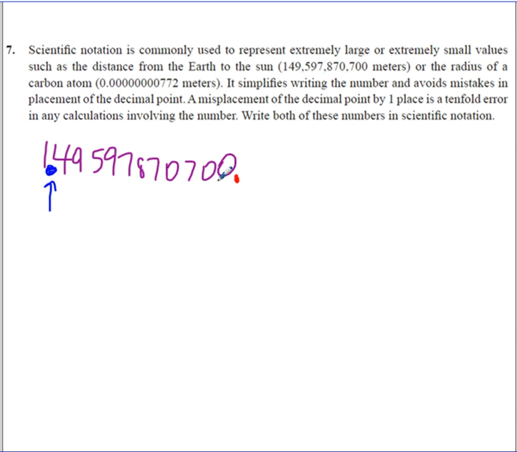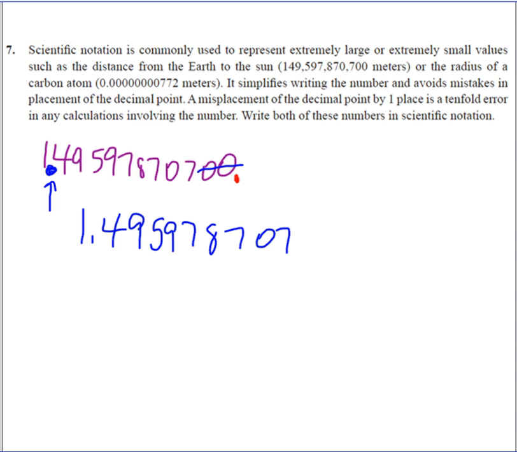And if we write the number with the decimal there, we would have 1.4995978707. And any extra zeros at the end can be dropped off. Those are called terminal zeros. They're not needed when they're at the end.